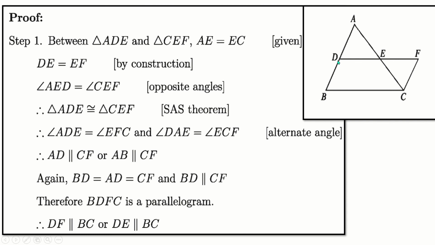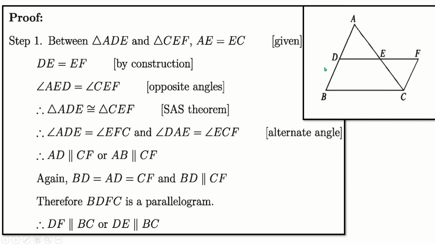Therefore BDFC is a parallelogram. Definition of parallelogram: when two opposite sides are equal and parallel, then it is a parallelogram. As this and this are parallel, so we can say this is a parallelogram.